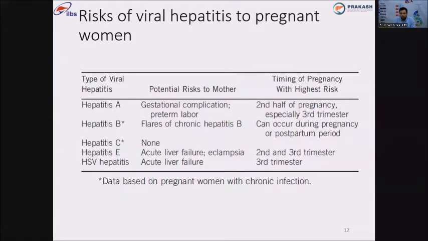Hepatitis B is associated with flares of chronic hepatitis B, which can occur during pregnancy or the postpartum period. Hepatitis C is not commonly associated with potential risk to the mother or the child. Hepatitis E has been associated with eclampsia, acute liver failure, and is commonly seen in the second and third trimester. HSV hepatitis is associated with acute liver failure seen during the third trimester.